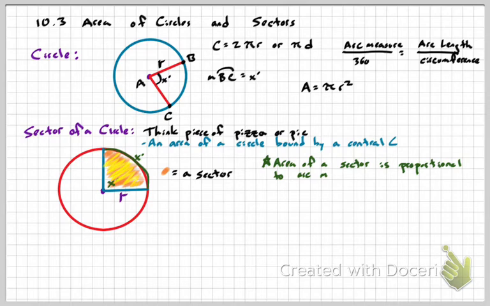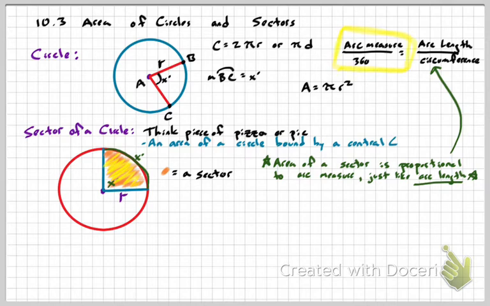So the area of the sector is proportional to arc measure, just like arc length. So we actually are going to be reusing this part of our equation to be able to find the area of a sector.